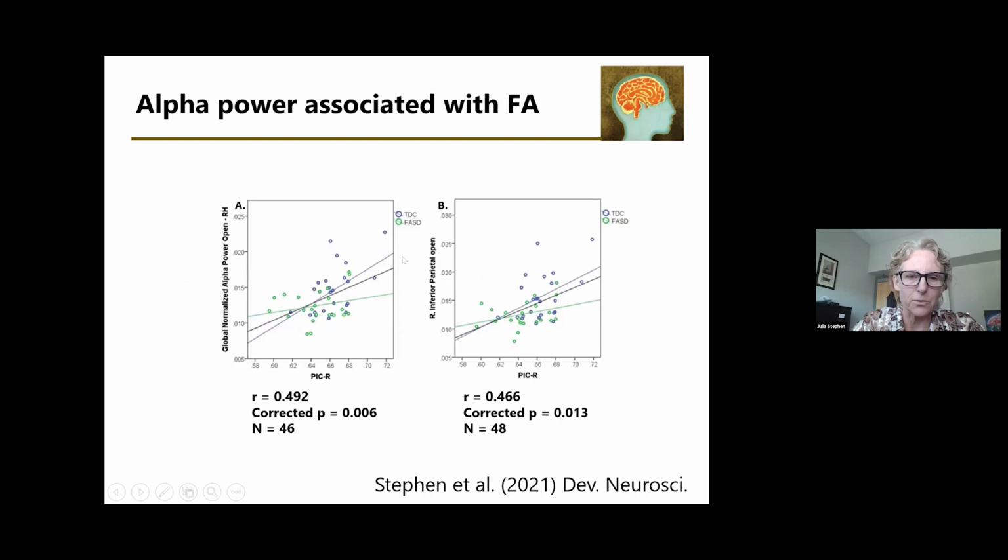Although this association was stronger in the typically developing controls than it was in the kids with FASD. We do have a new center grant where we're collaborating with our preclinical collaborators to better evaluate what's going on in terms of changes in myelination, as well as this cortical thalamic connectivity.